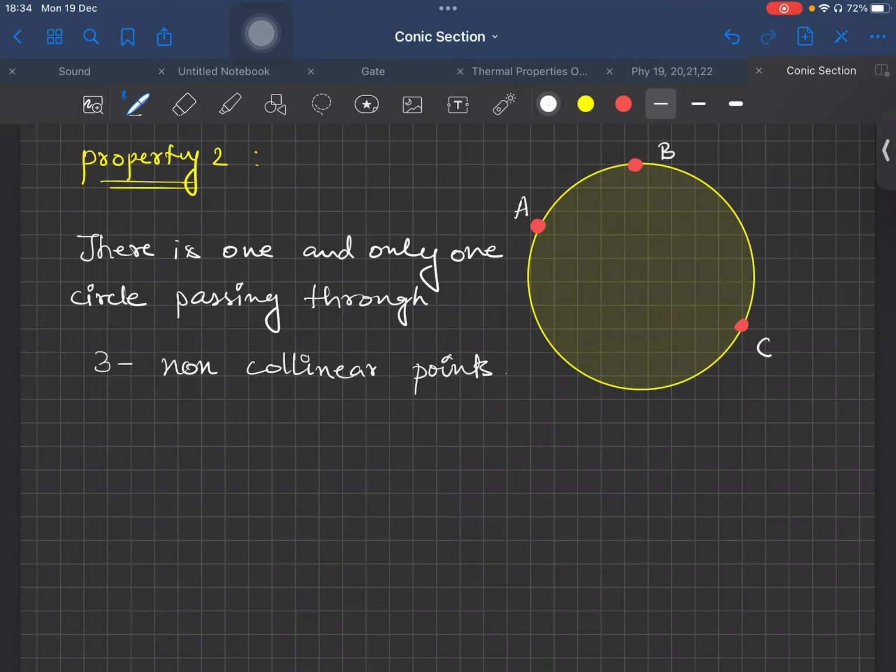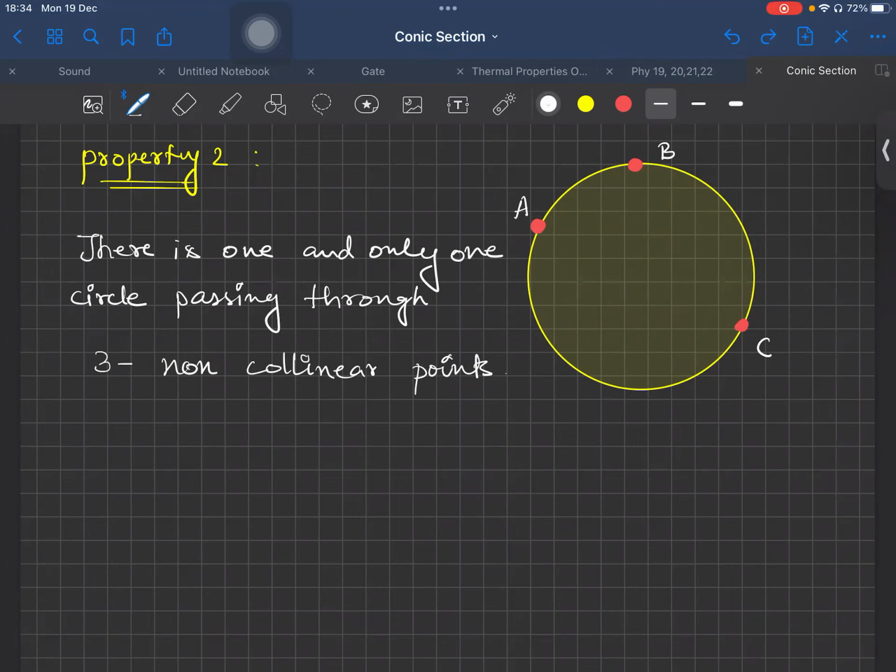But there will only be one circle that will pass through these 3 points. There cannot be any other circle that can pass through these points. You cannot draw another circle through these 3 points. It is not possible. This is the only circle, which means the equation of this circle is fixed, right? Two different circles can intersect at 2 points maximum.